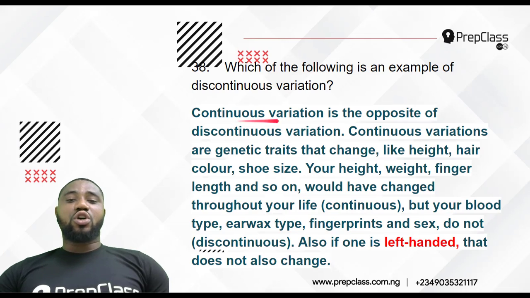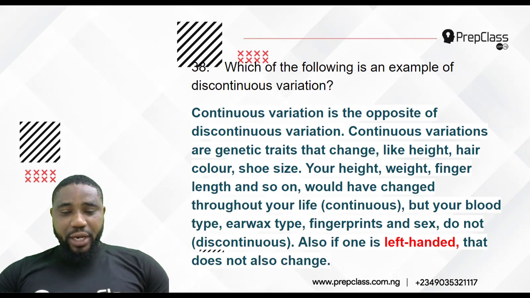Now, continuous variation is the opposite of discontinuous variation. Continuous variations are traits that change, like height. You know that the height of a person can change. If you're a tall man like me, by the time you start getting old, you will shrink and start bending.